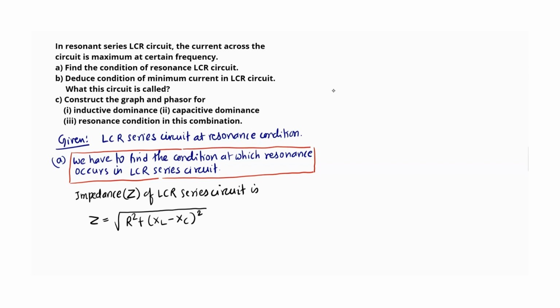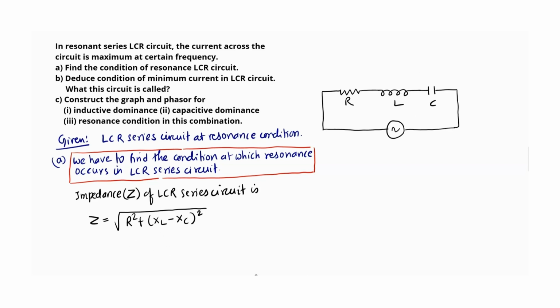I'm drawing the LCR series circuit. A resistor having resistance R, an inductor having inductance L, and a capacitor having capacitance C are connected in series, and the combination is finally connected to the AC source. So this is the LCR series circuit.